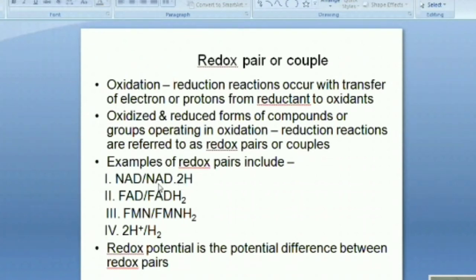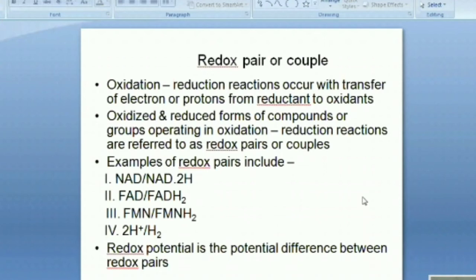Is it clear? And they are in pairs. FAD, FADH2, FMN, FMNH2. FMN means flavin mononucleotide. This FMN is the oxidized form of the coenzyme, and FMNH2 is the reduced form of the coenzyme.